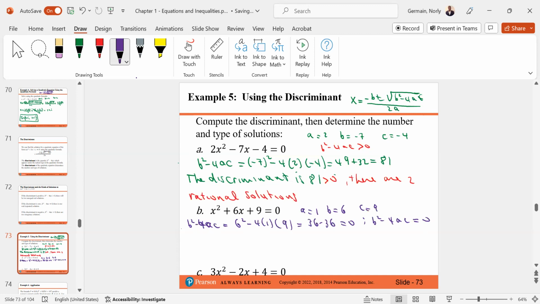How many solutions do we have? The discriminant is equal to 0 in this case. What's going to happen? Do you know it?